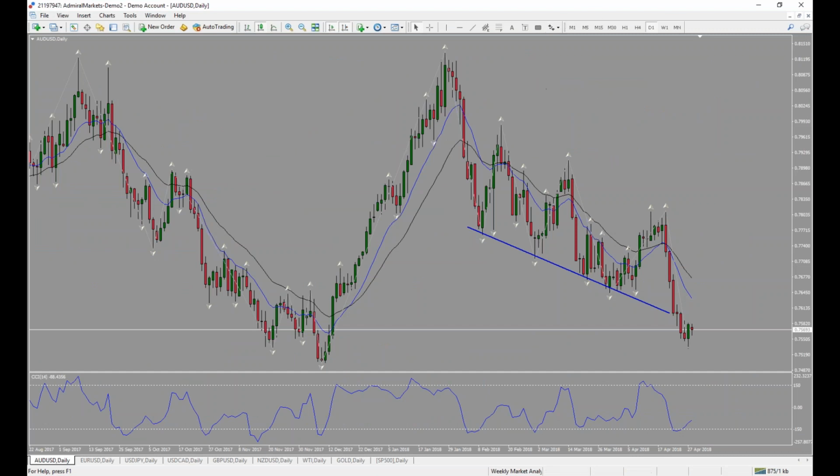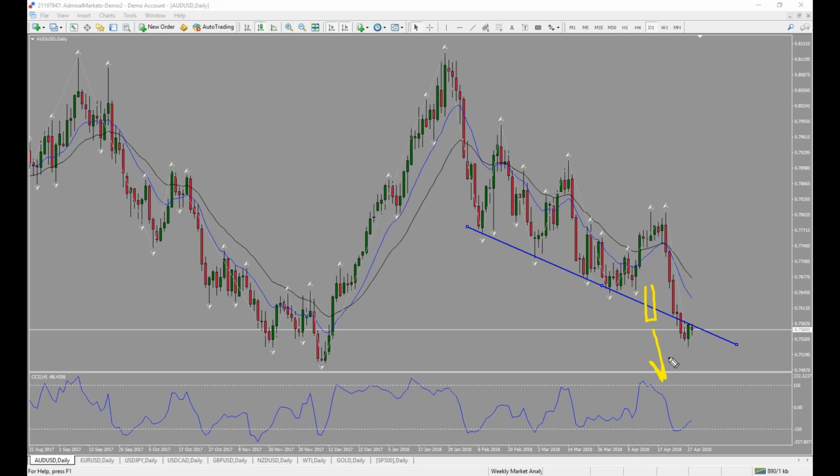Okay, let me just prepare my drawing tool. So I had the line here, and let me extend it properly. It's broken through that line. But when the line is slanting downwards, such as this, generally we don't trade a breakout in this direction.